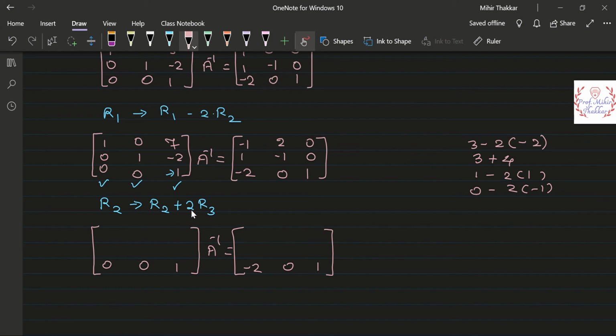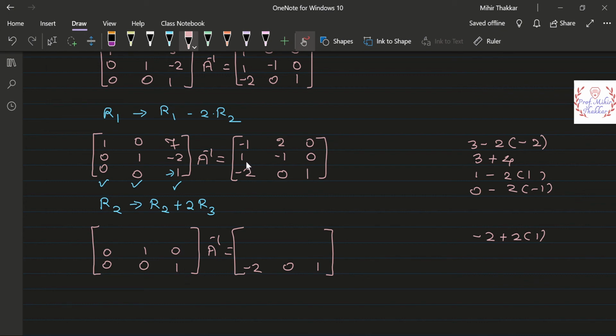Now R2 plus 2 into R3. 0 plus 2 into 0, that is 0. 1 plus 2 into 0, that is 1. Let us write that. Minus 2 plus 2 into 1, and minus 2 plus 2 is going to be 0.